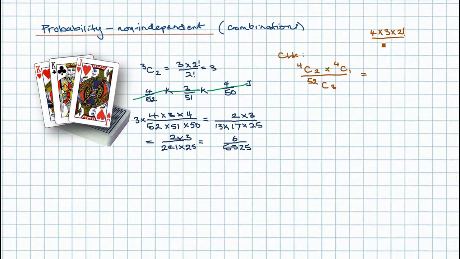So I have 2 times 1 times another 2 factorial, which means these are going to cancel. This gives me 4 times 3 divided by 2, in other words, 6.